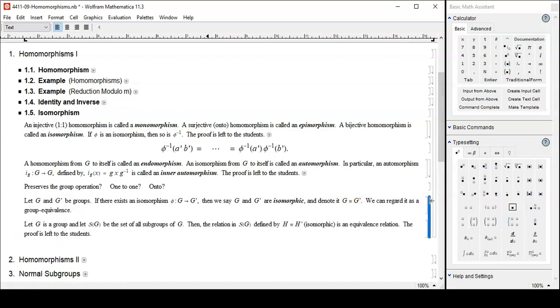We do this. Let G be a big group, and let's consider the set of all subgroups there. So S of G. This one does not have any algebraic structure. We just consider all kinds of subgroups there. And then we can consider a relation here: a subgroup H is isomorphic to another subgroup H prime, and both are subgroups of capital G, which is really big.